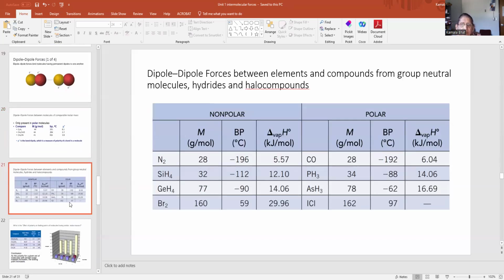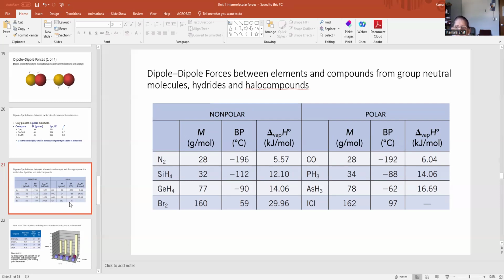So when we compare the dipole forces between elements and compounds from groups, neutral molecules, hydrides and halo compounds, we see that nitrogen is 28, carbon monoxide is 28. The boiling point for nitrogen is negative 196 degrees Celsius. For carbon monoxide it is negative 192.